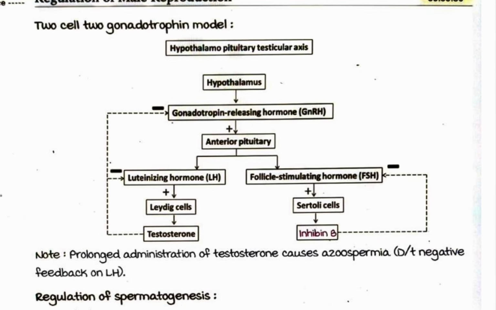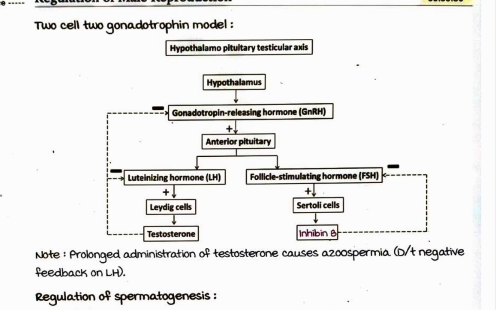Regulation of male reproduction, two-cell gonadotropin model. Hypothalamo-pituitary testicular axis. The hypothalamus releases gonadotropin-releasing hormone, which has a positive effect on the anterior pituitary, causing luteinizing hormone and follicle stimulating hormone to be released. Luteinizing hormone acts on Leydig cells, with a stimulatory effect producing testosterone.